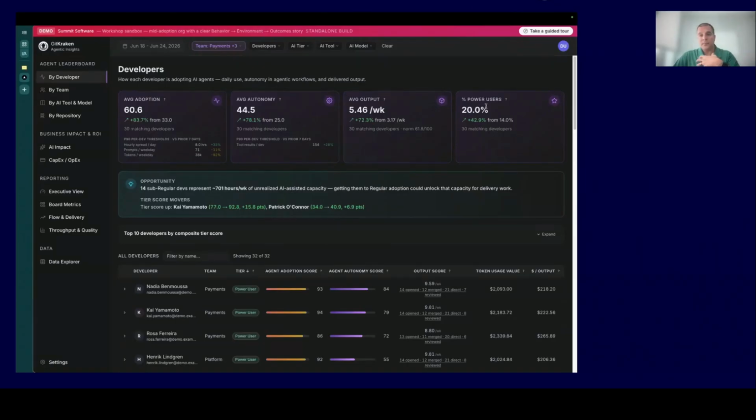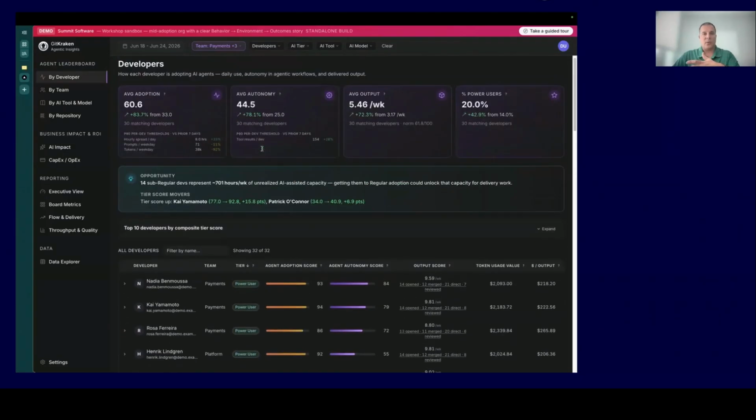And then lastly, we indicate who are the champions. You want to know who on the team is using AI to a really high degree, both in terms of the adoption and the autonomy scores. We'll bubble up the percentage of those heavy people who are leaned into AI from your organization. There's a variety of things that go into these scores, the heuristics for each one. We can provide those in a resource.